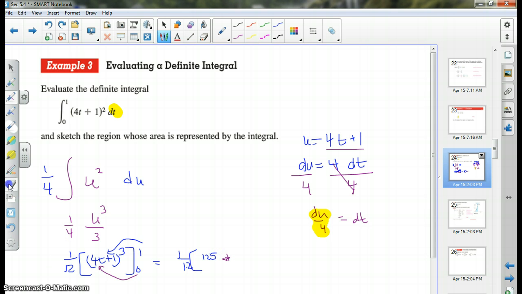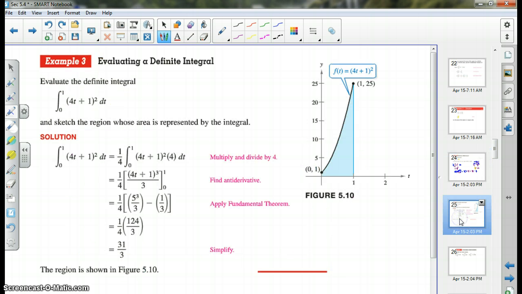So that's 125 minus 1, which is 1/12 of 124, so 124 twelfths, which reduces, if I divide by 4, to 31 thirds. Yeah, 31 thirds.